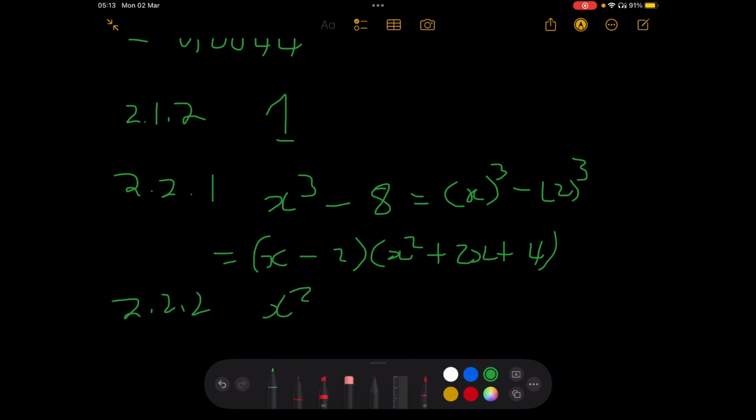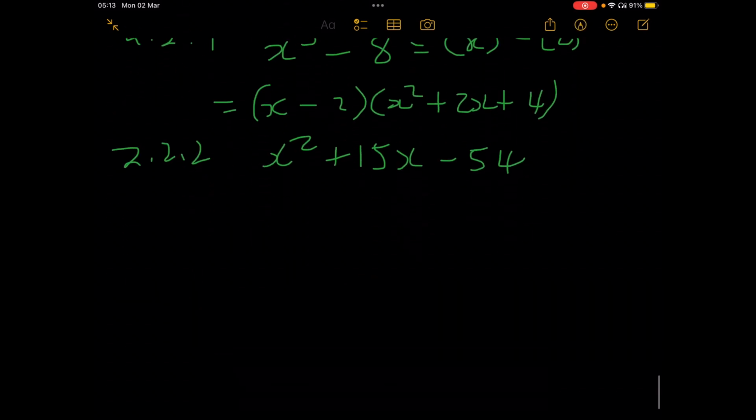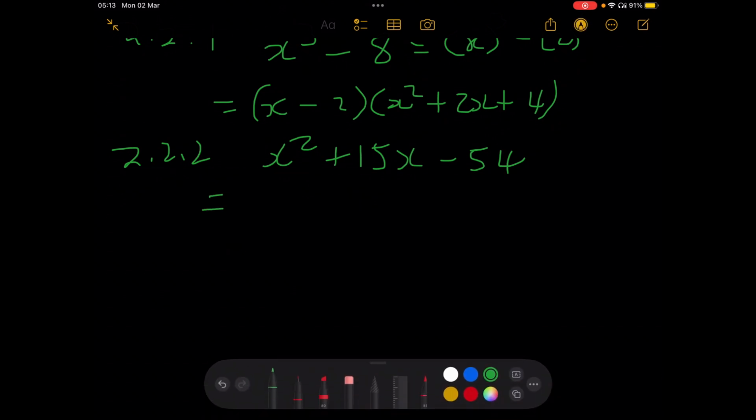And then we factorize 2.2.2. We have an x squared. Is it plus a 15x or minus a 15x? Let's double check. So it's plus a 15x minus 54. To completely factorize this one, we'll have to open two brackets, put x and x, and then we put a minus and a plus.